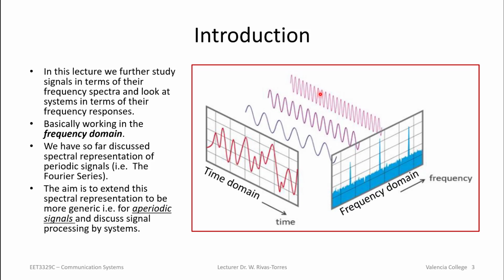Now I can take that same signal and, instead of looking at it from the time domain, look at it in the frequency domain. Again, we get a different view of the same signal, and we can derive other information that you can't necessarily see easily in the other domain.